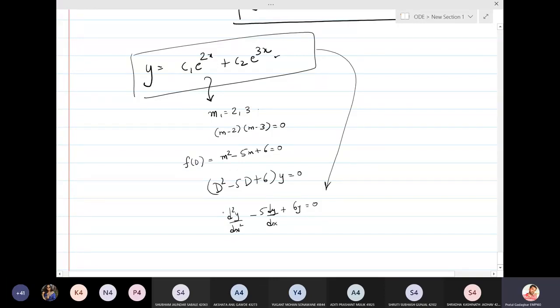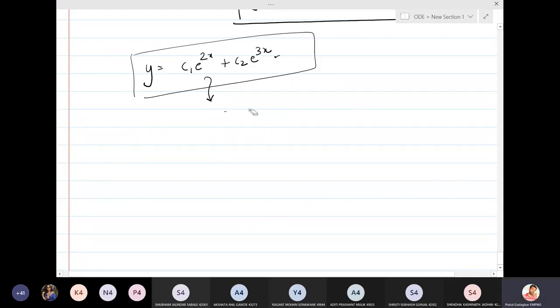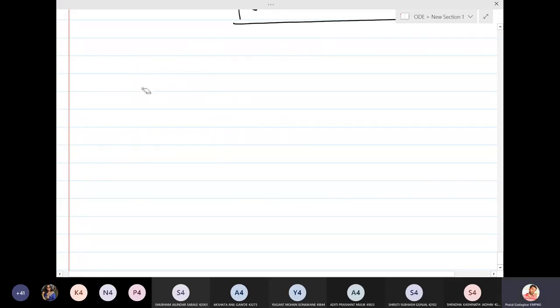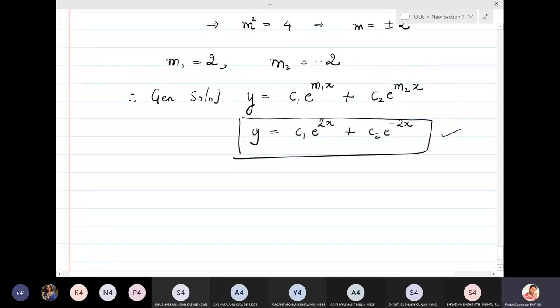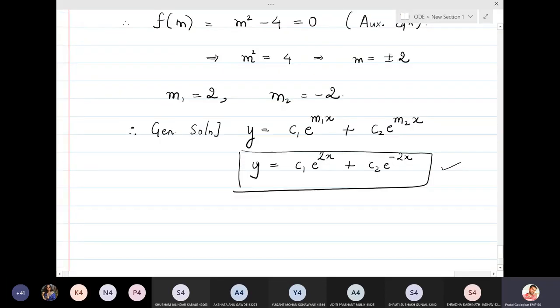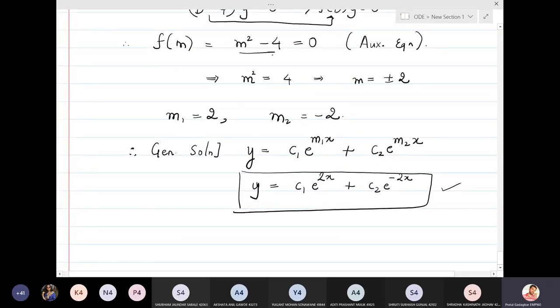Vice versa, if you are now given this, I have also told you how to write the solution in the fastest possible way. So let's write a question. Now one care has to be taken when we are doing this particular thing. At the very initial level, I am going to take only those auxiliary equations which have a special type of roots.